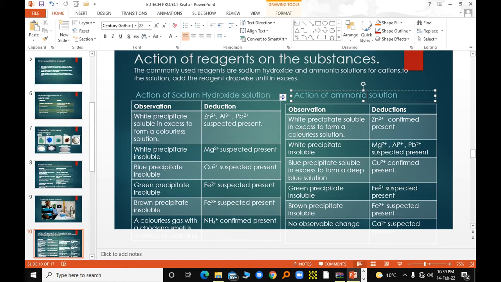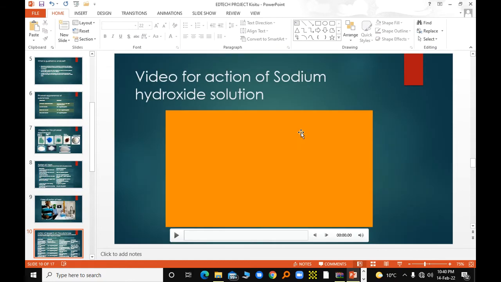If you see white precipitate insoluble, that is magnesium, aluminium, and lead. Blue precipitate soluble in excess to form a deep blue solution, you confirm copper 2 present. Green precipitate insoluble, iron 2. Brown precipitate, iron 3. If you see no change, that is calcium. Next slide.